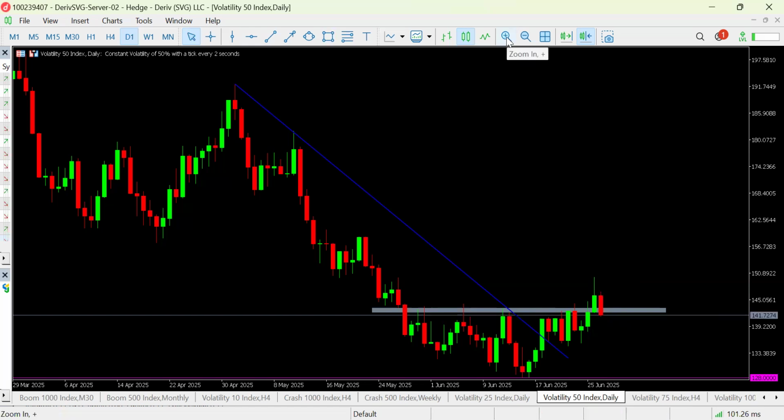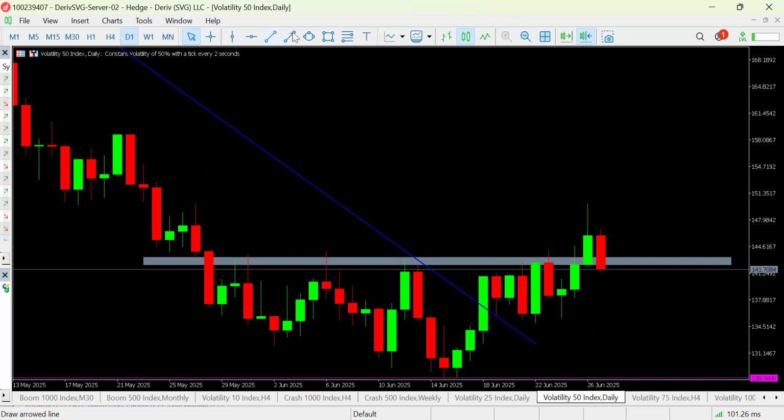So another thing that I can impute here would be a trend line going in the upward direction. With this arrow here, I can say that price moved up, retested it, and then went out.